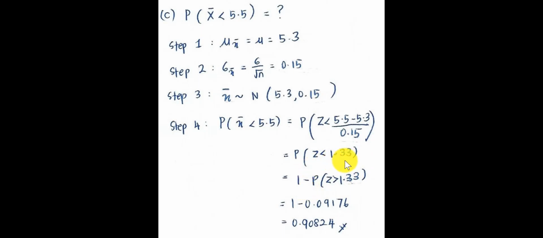So z less than 1.33 is equal to 1 minus the probability of z greater than 1.33. Now for z greater than 1.33, you can look straightforward from table 3, the standard normal distribution table. Then you get 0.09176. So 1 minus the probability of z greater than 1.33, then you get 0.9082.